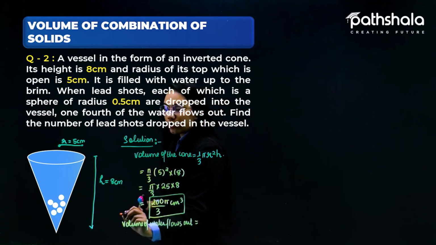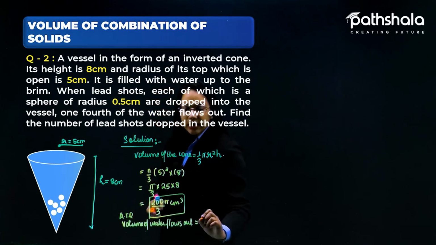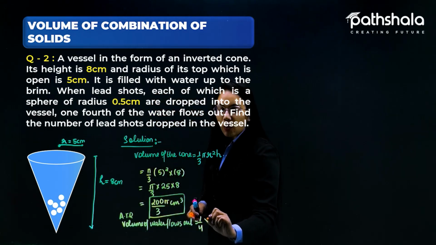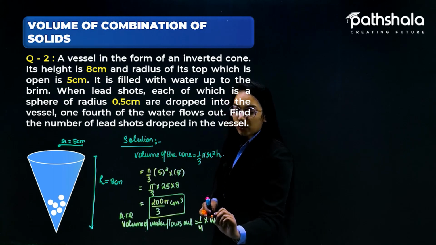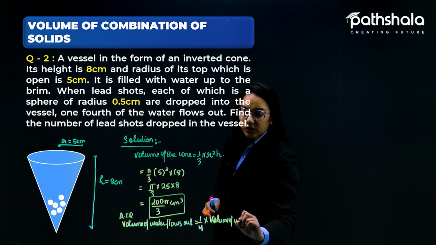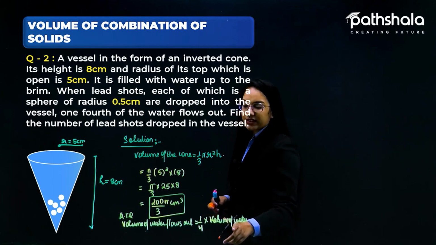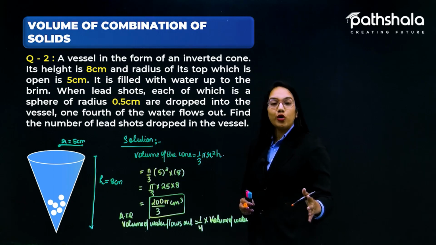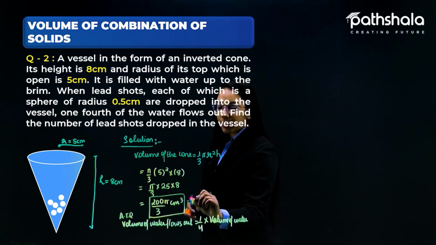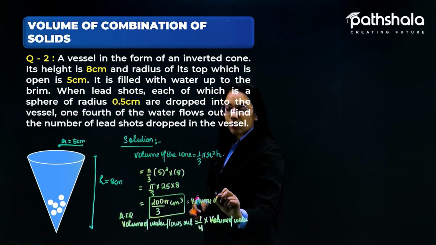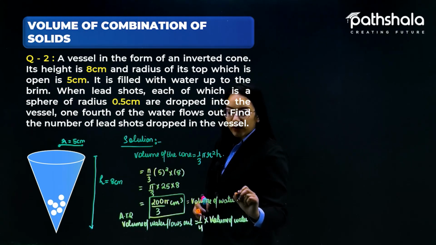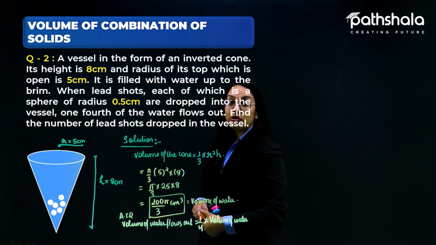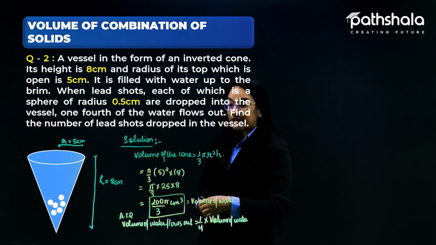According to the question, it is 1/4 of the volume of the water in the vessel, and we know that the volume of the cone is the same as the volume of the water, because the water is filled up to the brim.